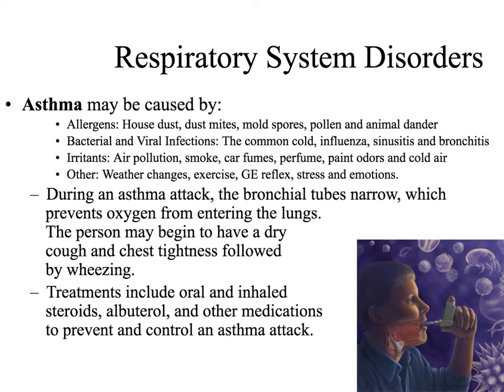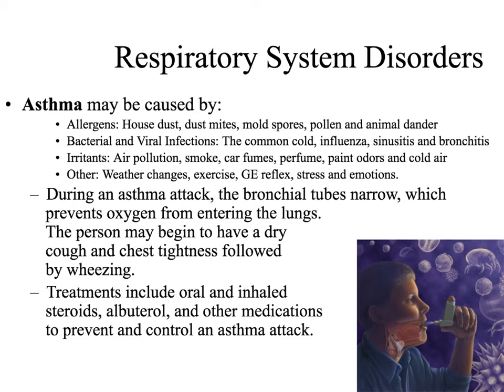Asthma is environmental, typically an acute attack caused by a bunch of different things. Different people have different triggers if you do have asthma. Air pollution is very common. Perfumes, paint odors, sometimes weather changes, all those things can create this. During the process, the bronchial tubes themselves narrow.